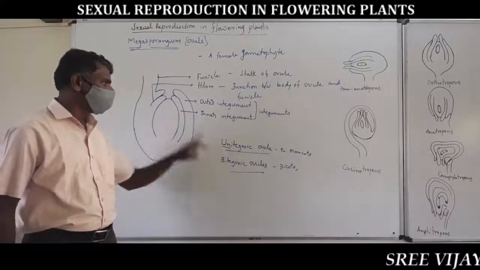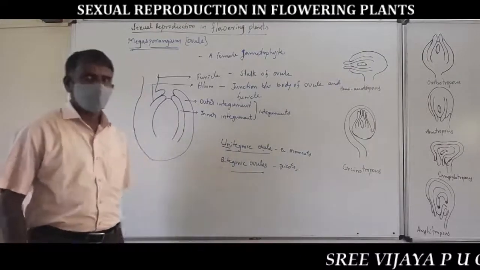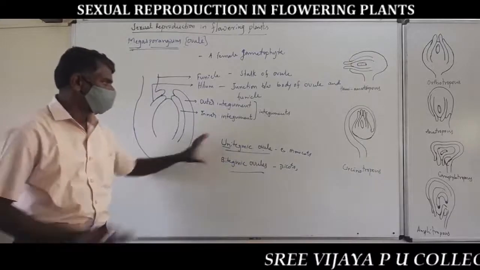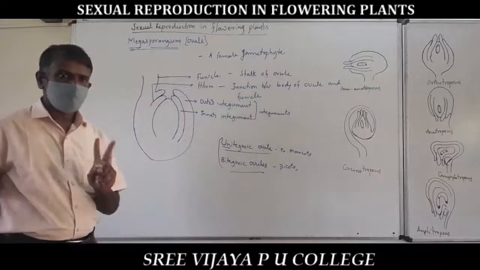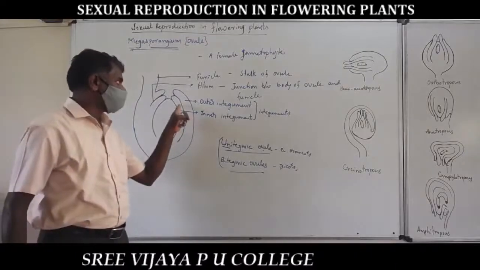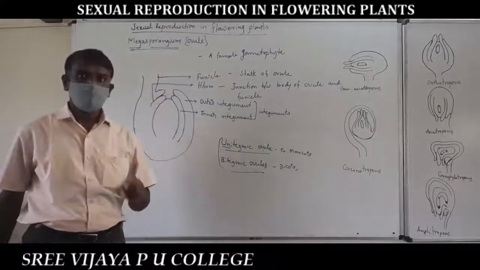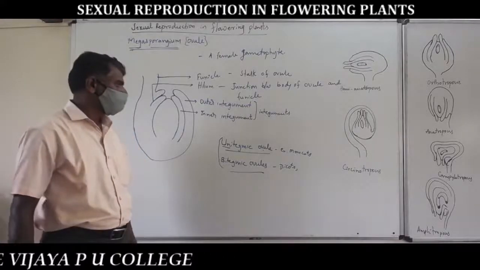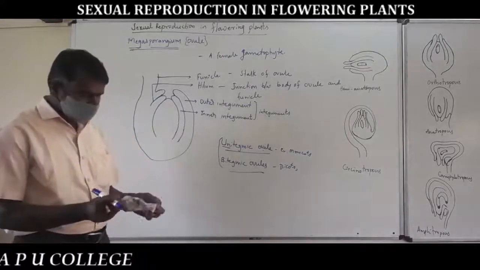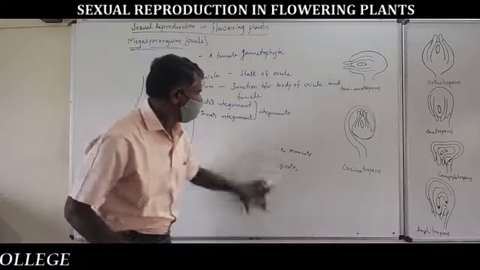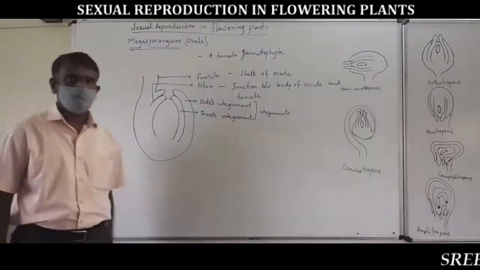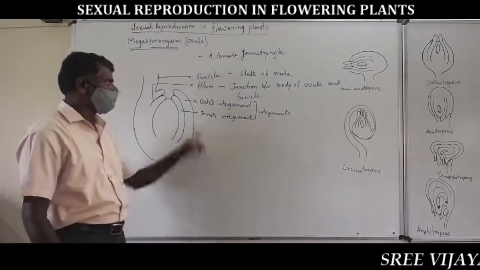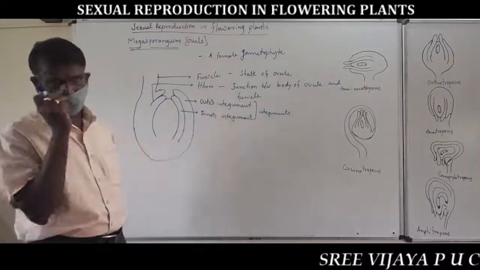So this classification is based on the number of integuments: unitegmic ovules and bitegmic ovules.